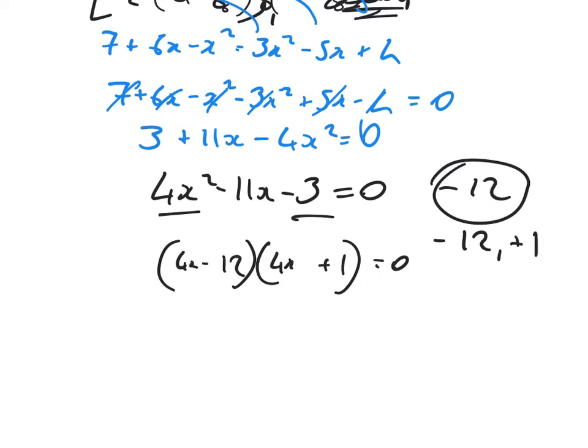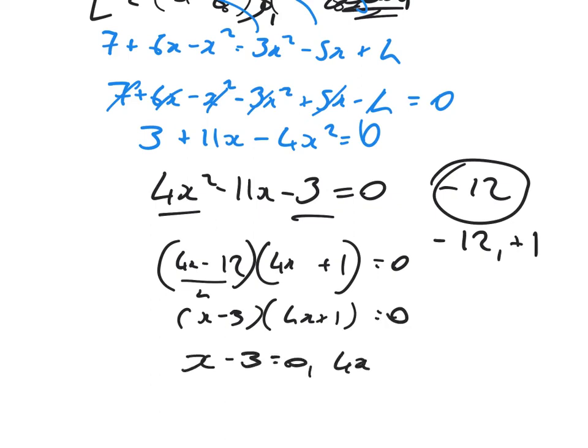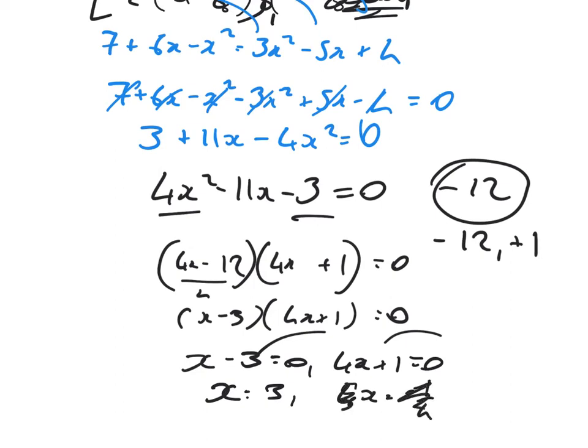Okay, the second bracket cannot be factorised further, but I can take out a common factor of 4 here, which brings that down to x minus 3. x minus 3 is equal to 0, and 4x plus 1 is equal to 0. x equals 3 then, 4x equals minus 1, and x equals minus 1 quarter. Okay, so my limits then are 3 and minus 1 quarter.